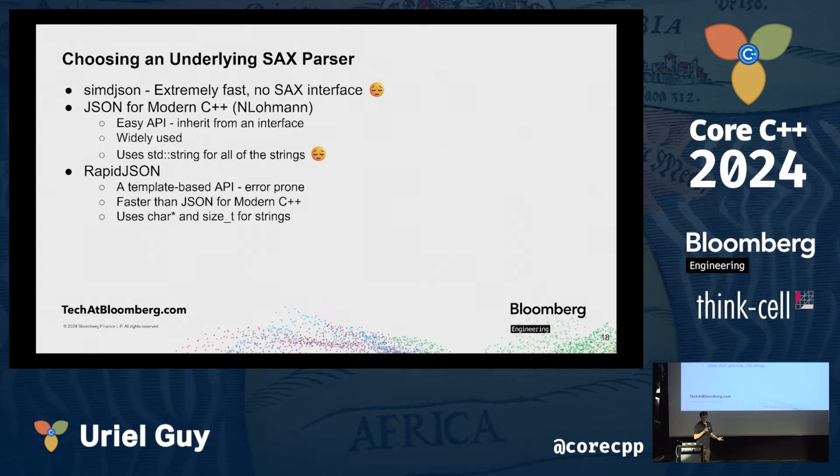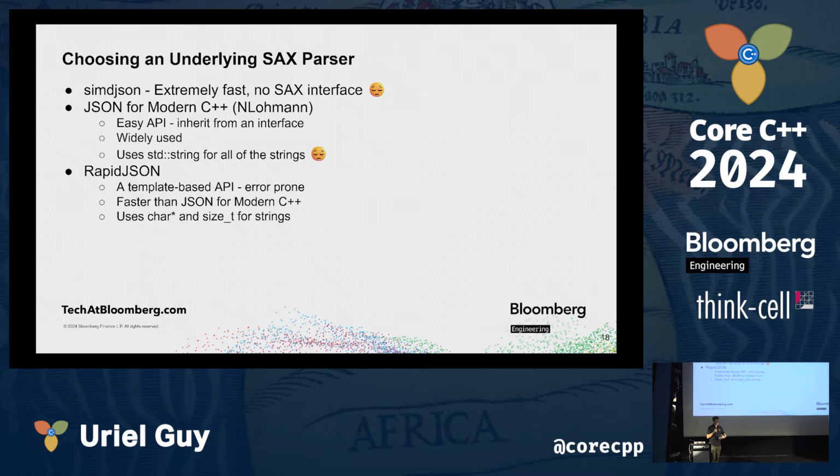The fastest one is SIMD-JSON, which is extremely fast. Its API is a little bit tedious, and it doesn't really give you a SAX interface, so that kind of went off the table. The second one I went to is the most widely used in the industry, as far as I can see, which is JSON for Modern C++, also known as nlohmann, which has a very easy API.